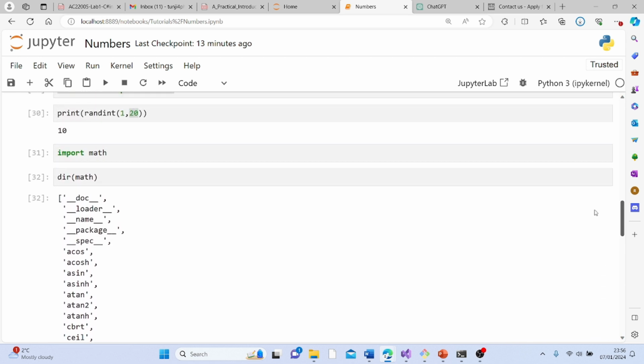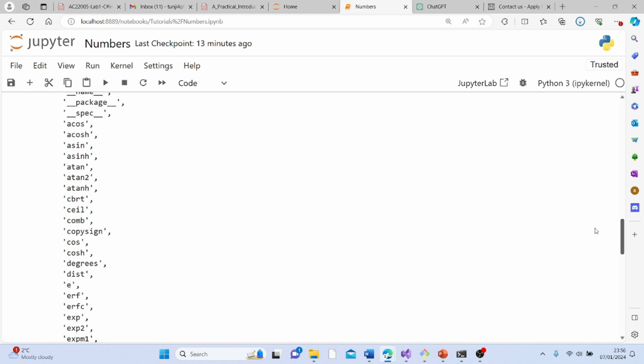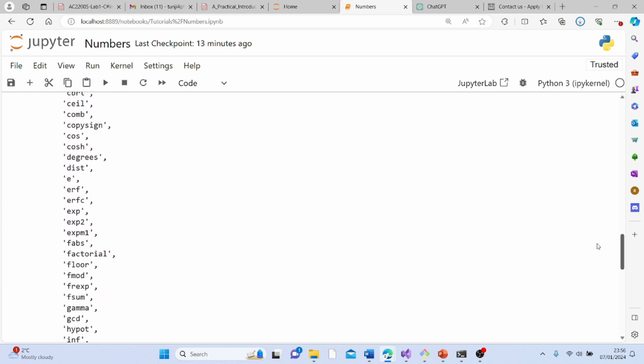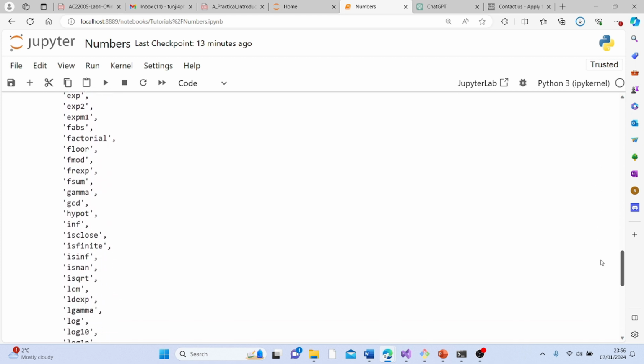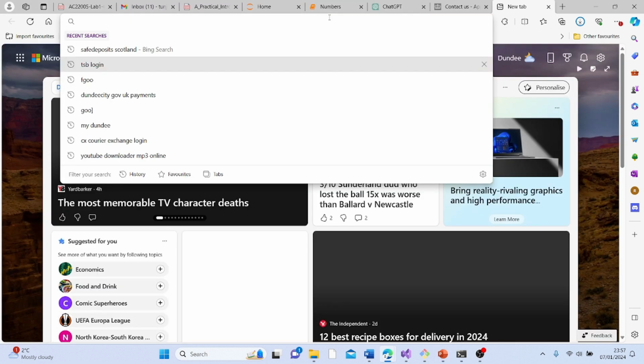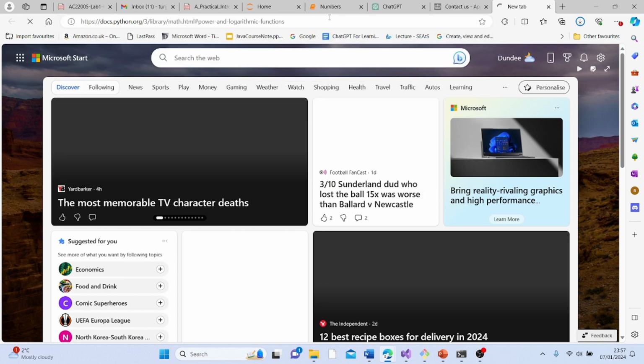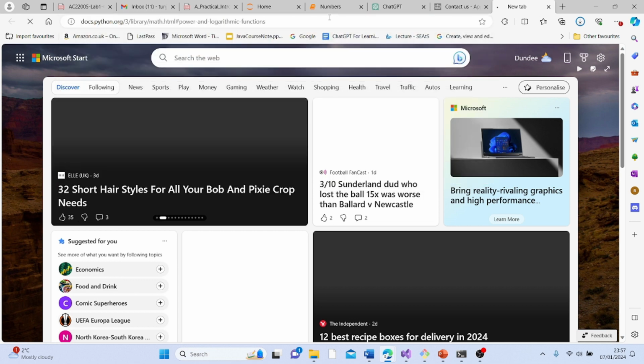So you can see different functions, cosine function. We will look at a few of the functions, and you can actually look at the library where you can see how these functions work.